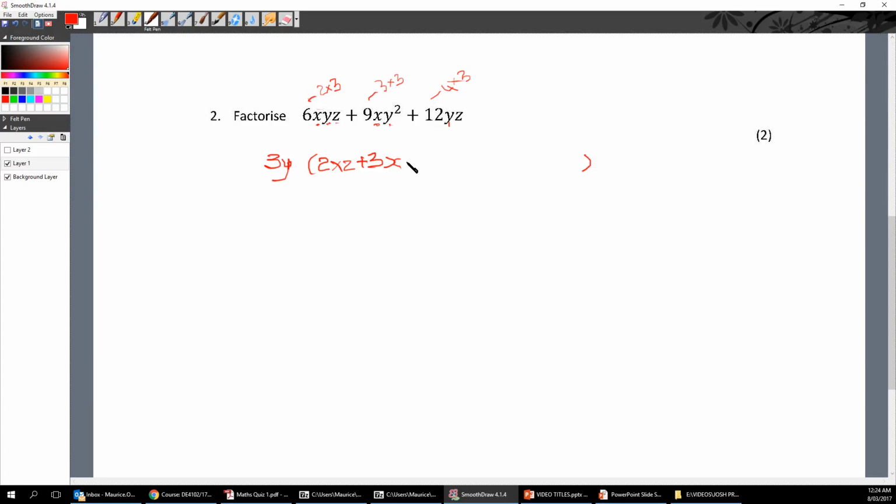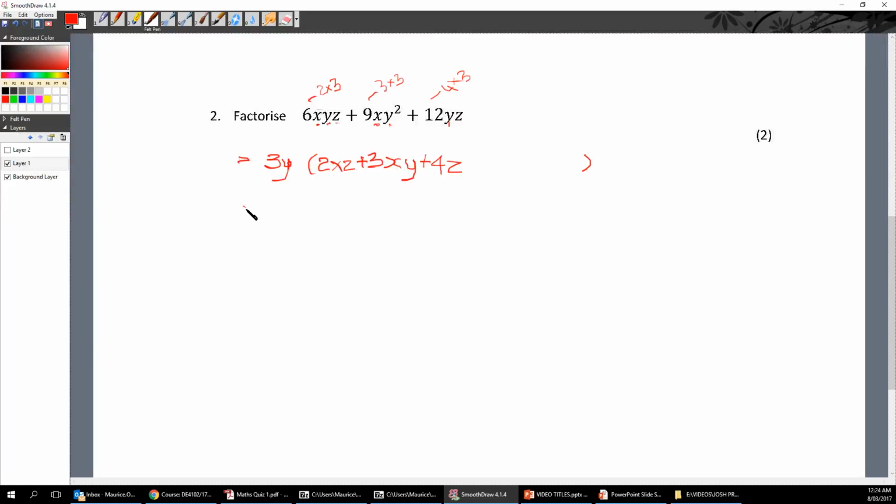We can take out one of the y's, not both of them. And then we can come here and we can take out the 3, which will leave 4, and we can take out the y, and that'll leave z. And there we are. There's our answer. Factorising that, it equals 3y brackets 2xz plus 3xy plus 4z.